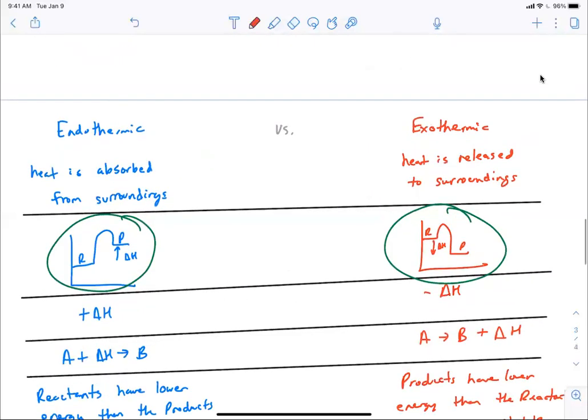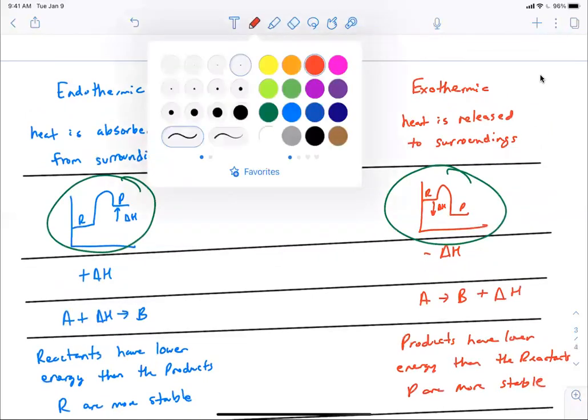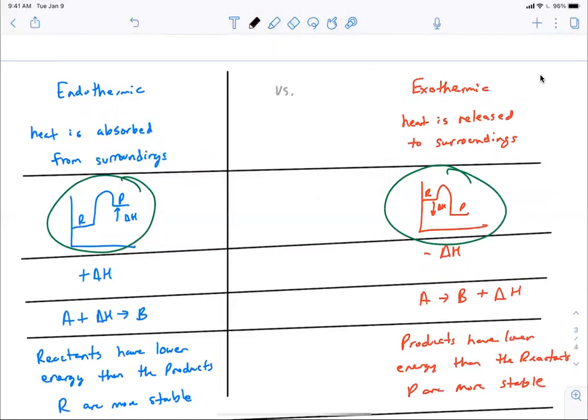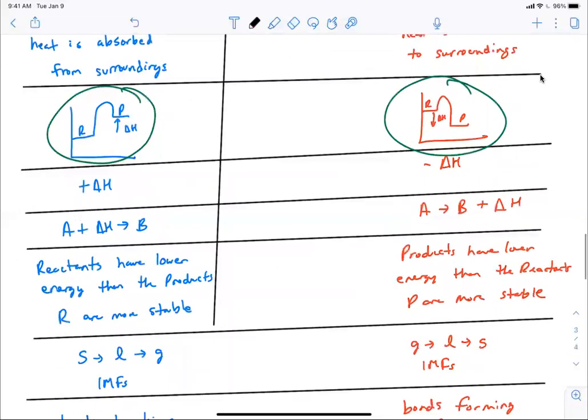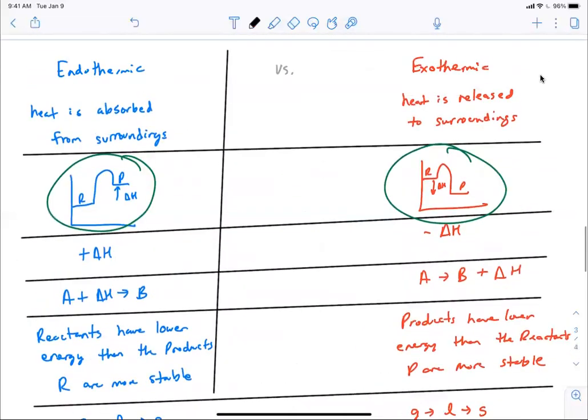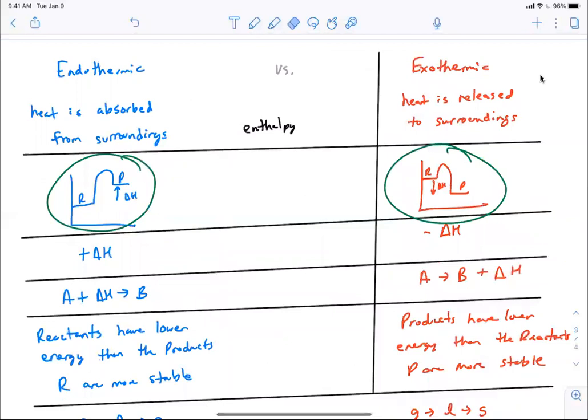Okay. Now, there are some similarities. They both relate to enthalpy, so heat change.